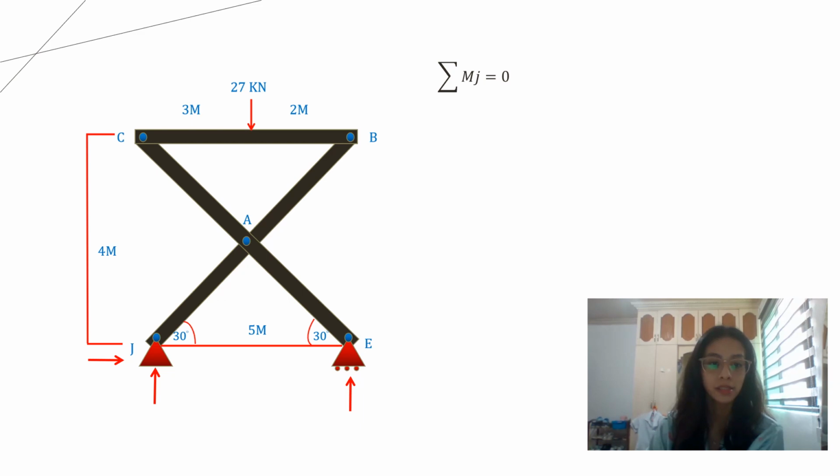Since we divide our point A into 2, this will be 2.5 and 2.5.